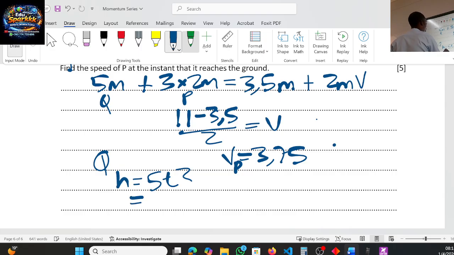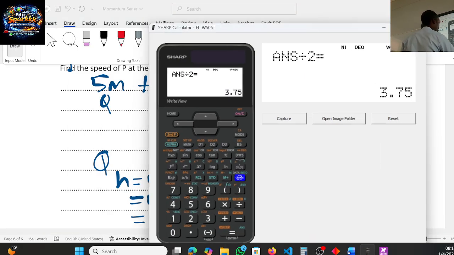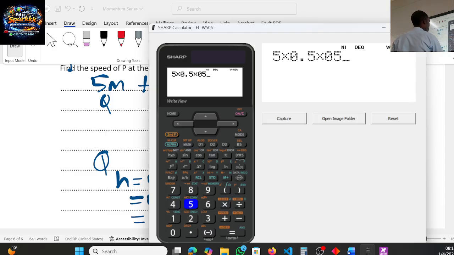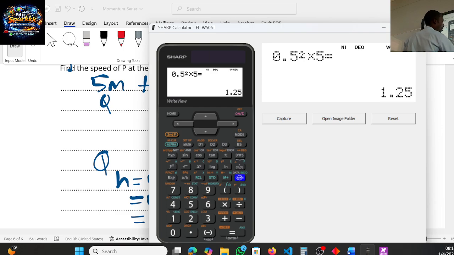And we know the time, it was 0.5 seconds. Therefore, object Q went downwards 0.5 squared multiplied by 5. It gives us 1.25.